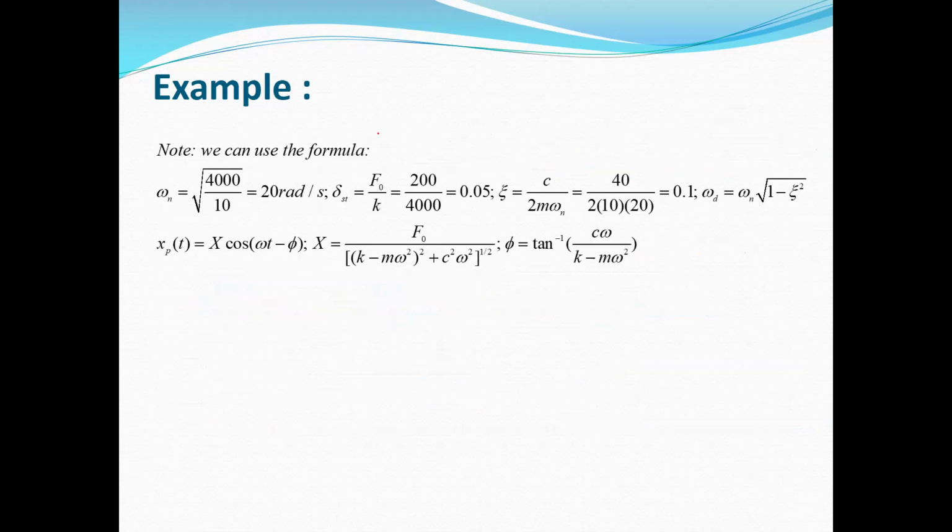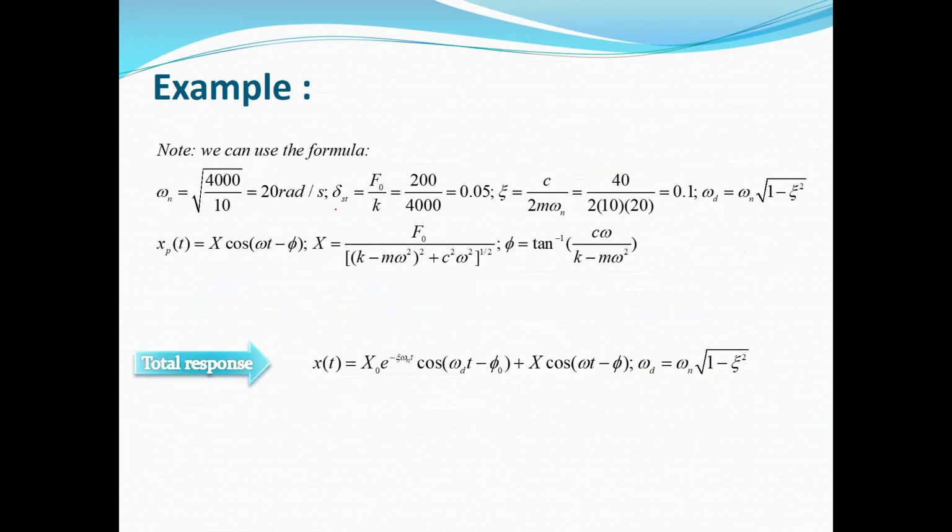As I told you, you can use the formula. To use the formula, you need to obtain omega n, and also you can find the static deflection, delta st. You can find the damping ratio because we have c, k, and m, and easily find the frequency of the damped system.